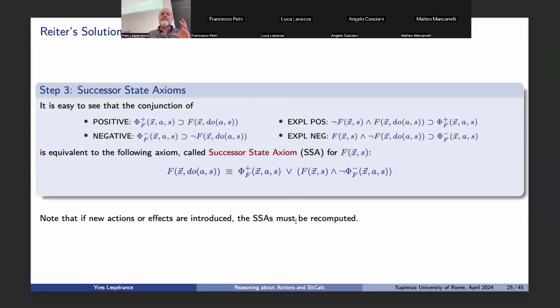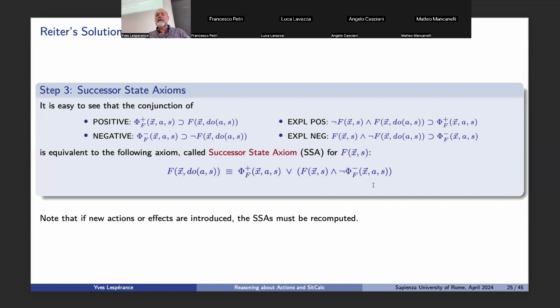Then putting these together, you can rewrite this and this in this form. This says that F is true in do A S if and only if it became true because I did some action that made it become true in S, or it was already true in S and I didn't do something that makes it become false.